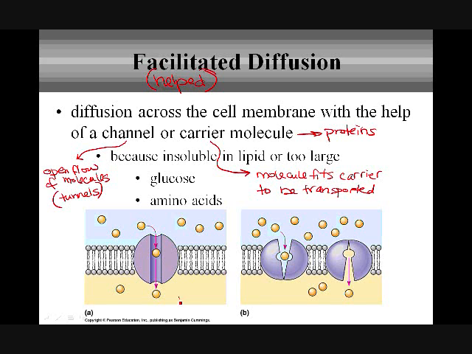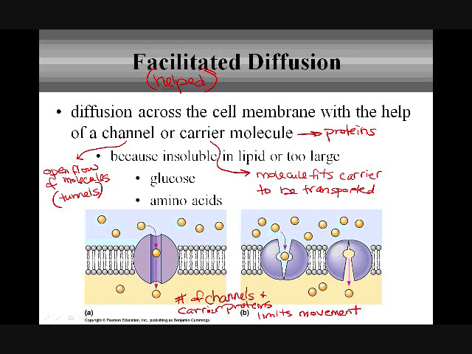Something that we just want to keep in mind is that the number of channels and carrier proteins limits movement. That should make sense, since diffusion can just occur whenever it needs to at all times.